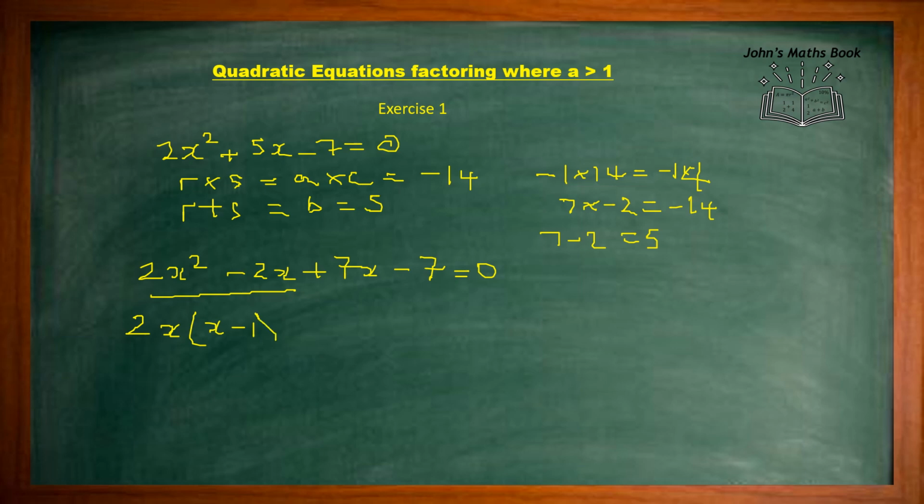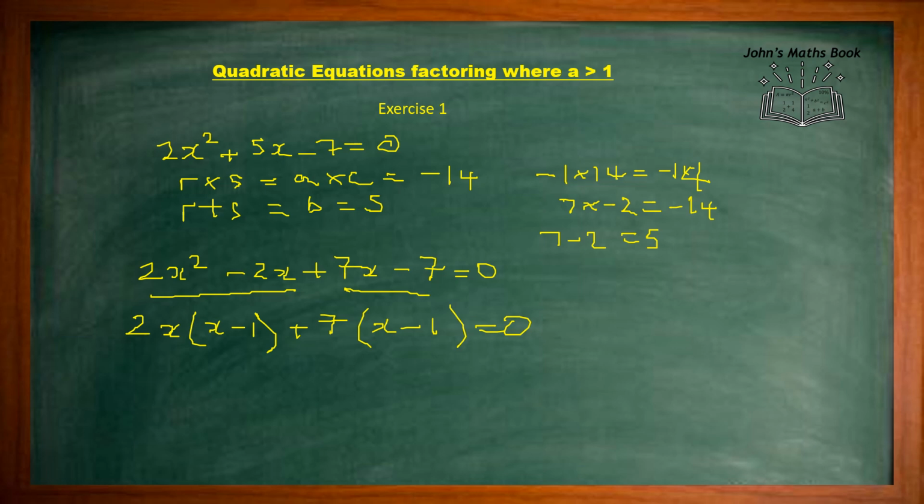And in the expression 7x minus 7, we can remove 7 from that. We can say plus 7 multiplied by x minus 1. And that all equals 0.